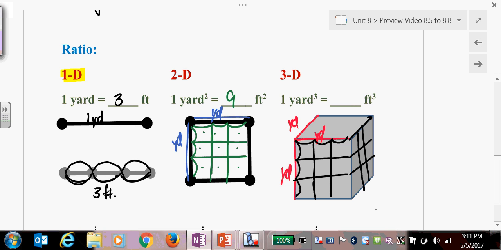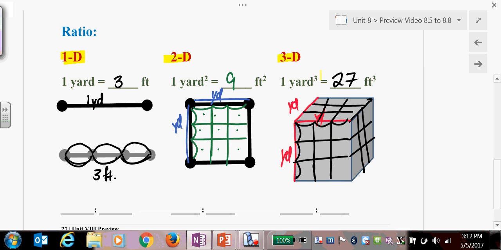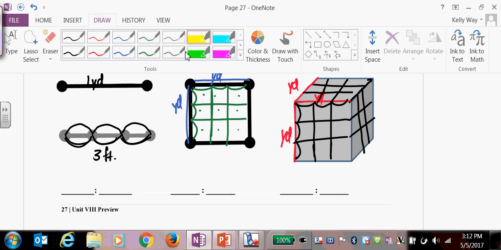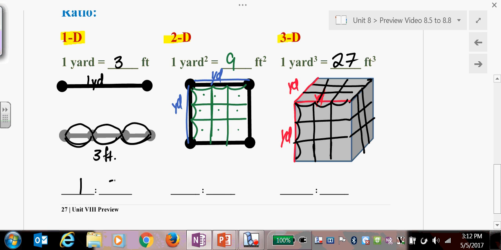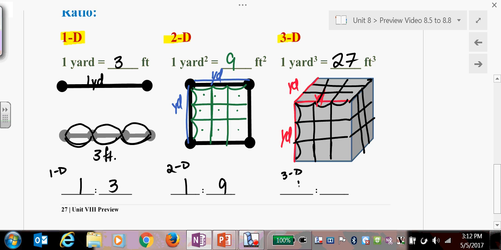We'd end up with 27 sugar cubes there. 27, because if 1 layer is 9, you'd have 3 layers there. You'd end up with 27 feet cubed. So the concept is when you change dimensions, you change ratios. So watch what happened here. In the first dimension, it was 1 to 3. In the second dimension, it was 1 to 9. In the third dimension, it's 1 to 27.